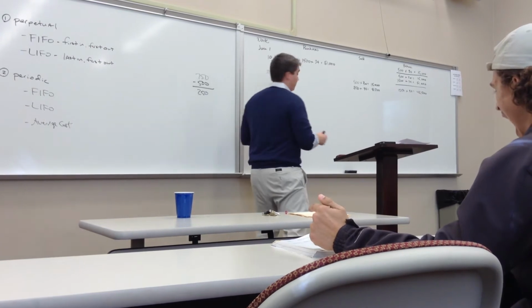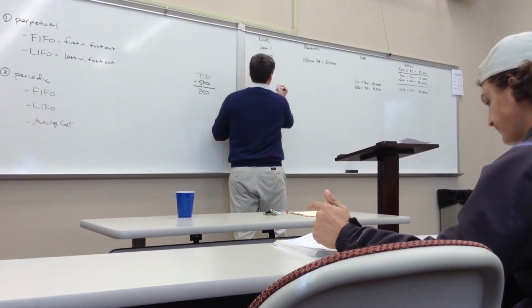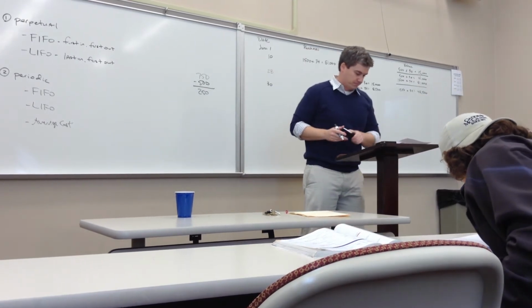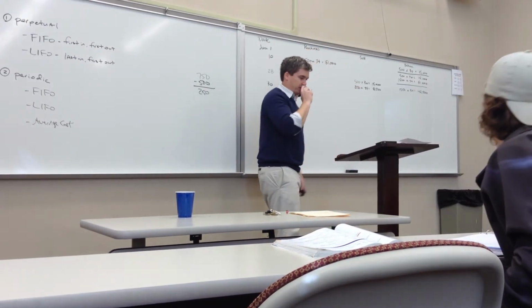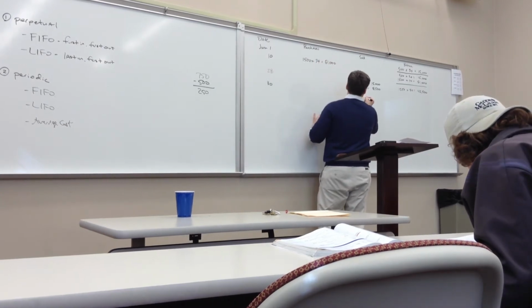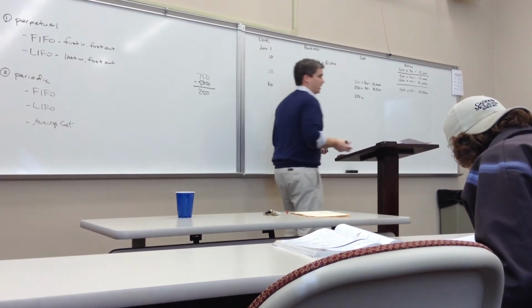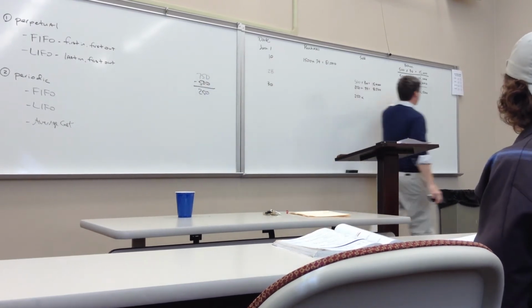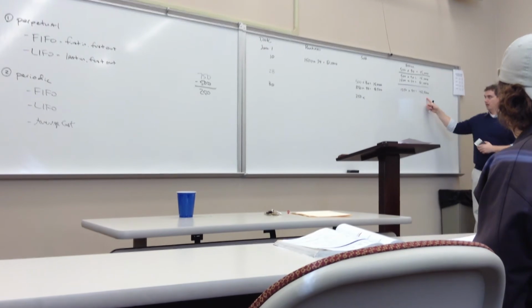All right, now, June 30. June 30, we have another sale. We sell 250 here. Where's this one going to come from? This is pretty obvious. There's only one option left, so they all have to come from here.